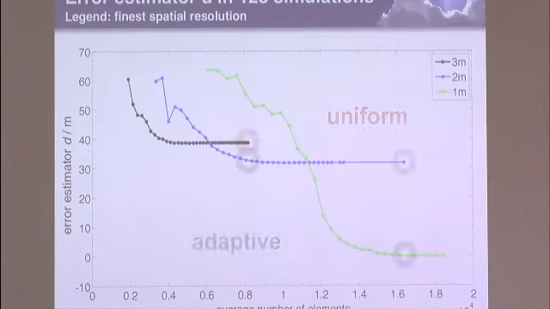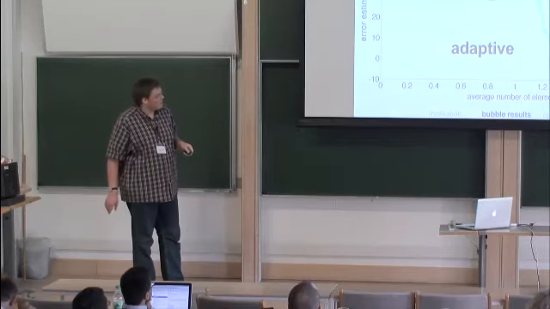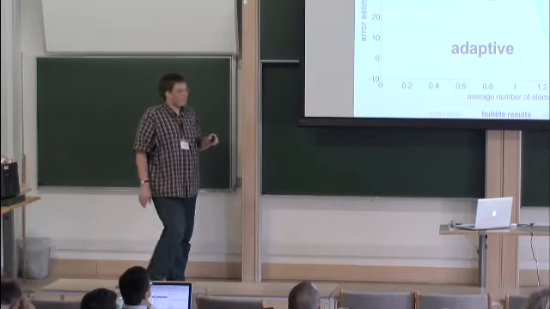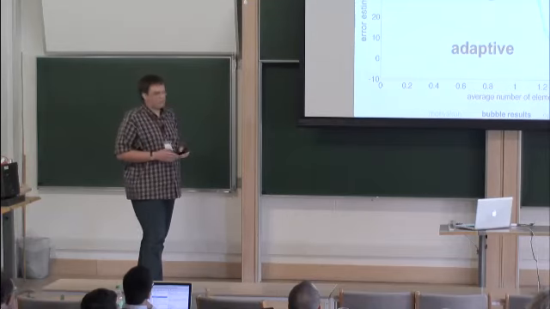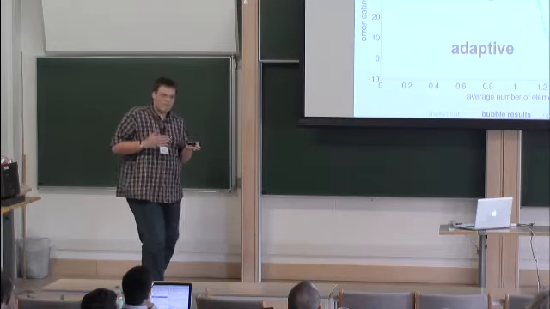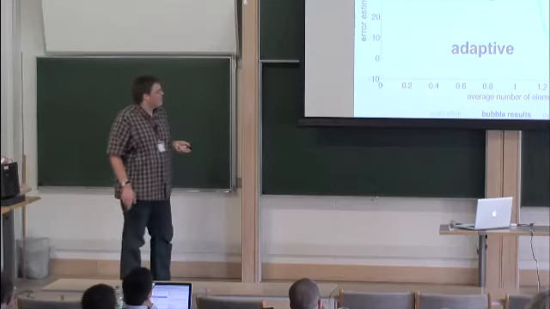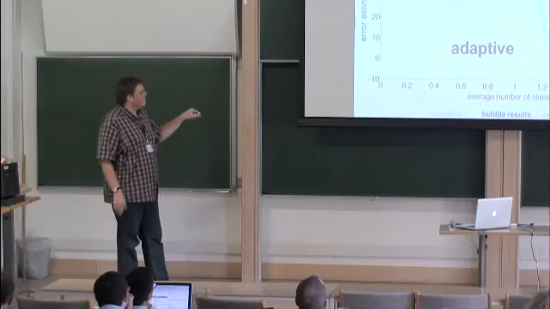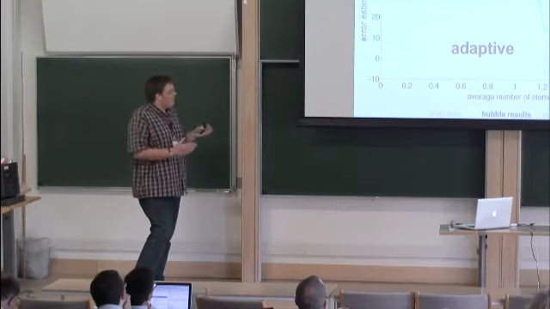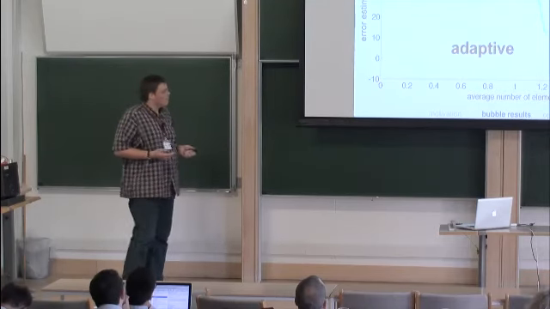For making it easier to see, I mark the uniform simulation with a red circle and the adaptive simulation that uses the same average number of elements with a black circle. And according to this error estimator, you can see the error estimator is in fact smaller for the adaptive simulation. Depending on the overhead of the adaptive simulation, we have to reduce the number of elements used in the adaptive simulation for really getting the same CPU time.